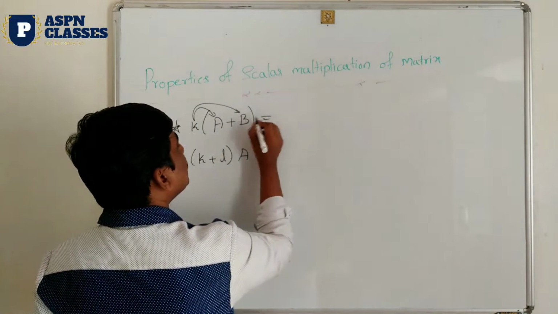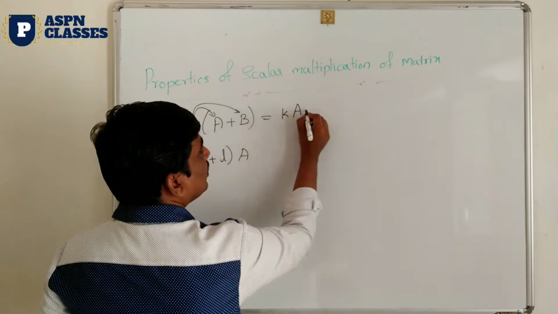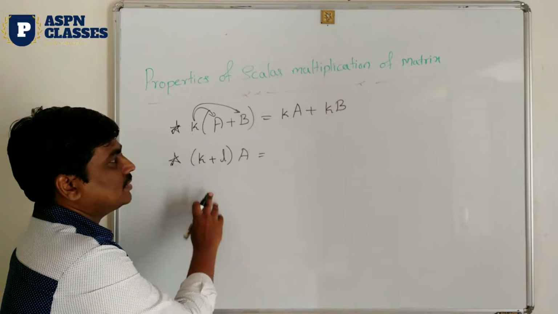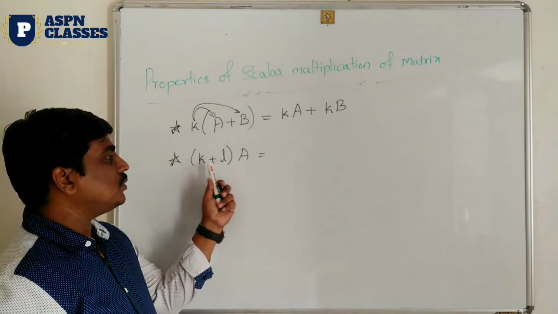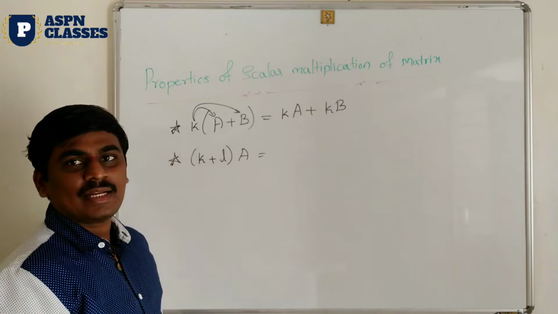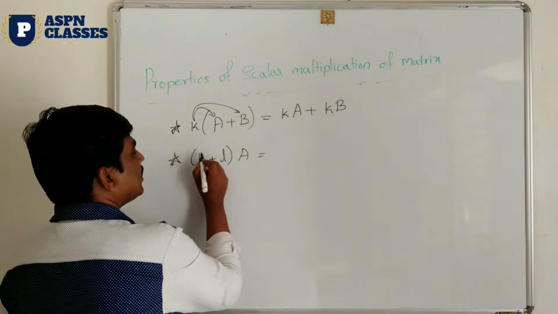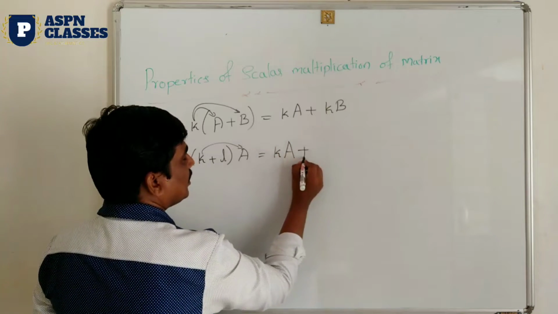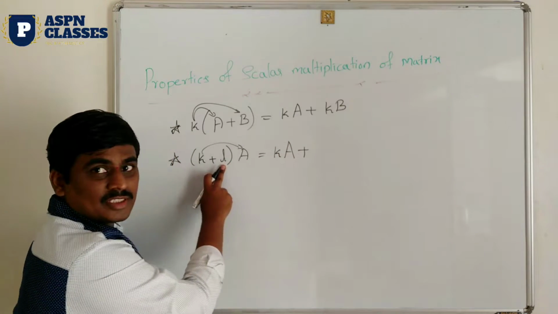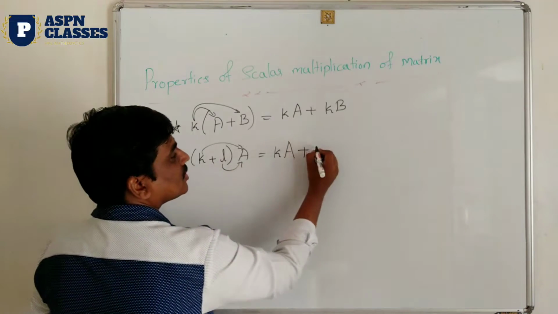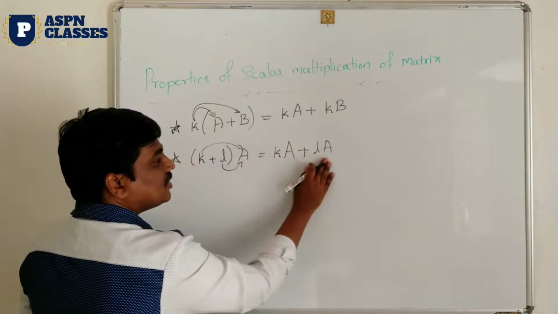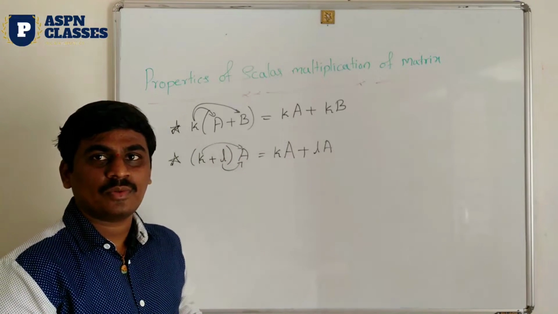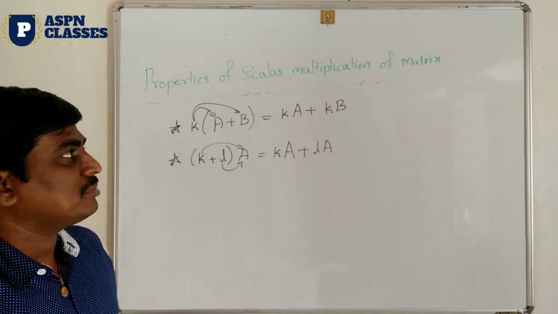Observe, K into A plus K into B. Second result: K plus L, two scalars, multiplied with the matrix. So K multiplied with the A matrix gives K into A, plus L, which is also a scalar, multiplied with A gives L into A. Then you add these two matrices and you get the same answer. So these two are the properties of scalar multiplication of a matrix.